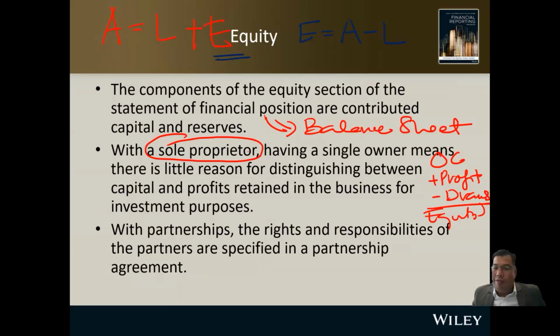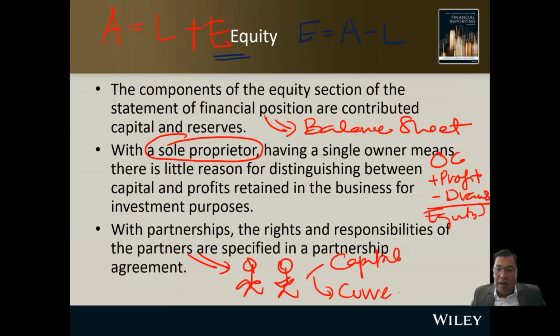For partnership, we have different types. We can have current accounts, or just the capital account. So we have partners, maybe partner A and partner B. We need to maintain their capital accounts, and sometimes we can also have the current accounts.